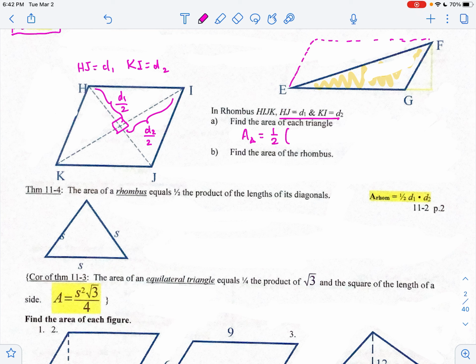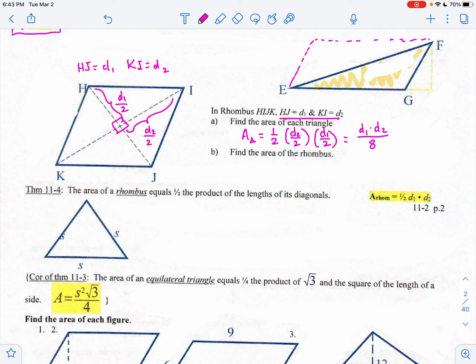The base of this triangle right here is D2 over 2, the second diagonal divided by 2. And then the height of that triangle would be D1 over 2. Now if we multiply across, because we have fractions here, we have D1 times D2 over 2 times 2 times 2, which is 8. So an eighth D1 D2.